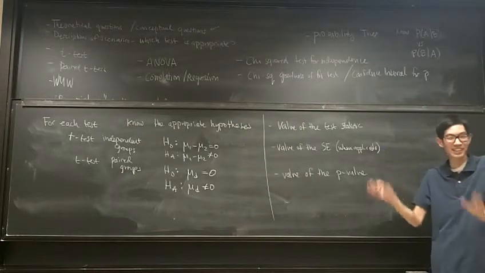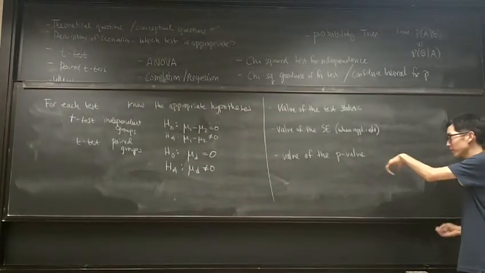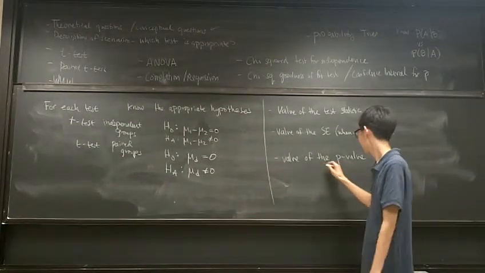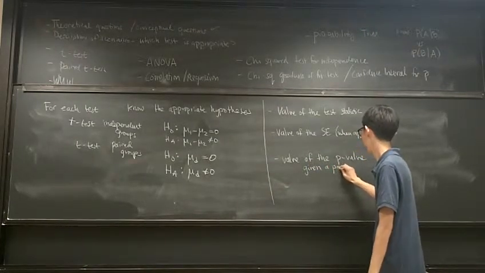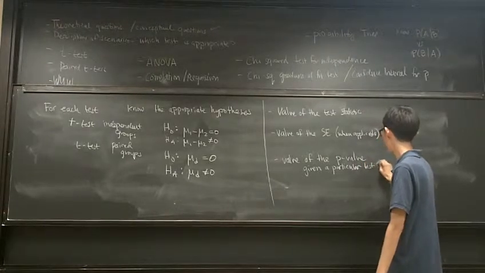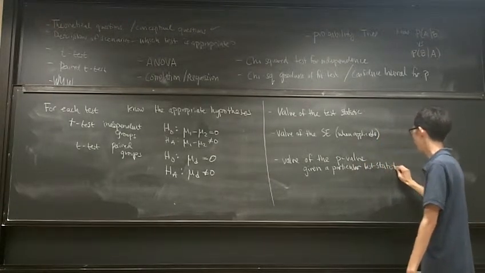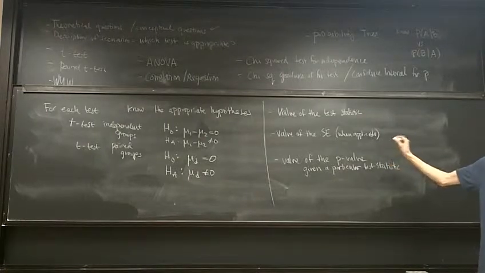It's all exactly the same. So I'll say, give the value of the p-value given a particular test statistic, okay? So this is really like, can you use the table? And I'm pretty sure most of you can.